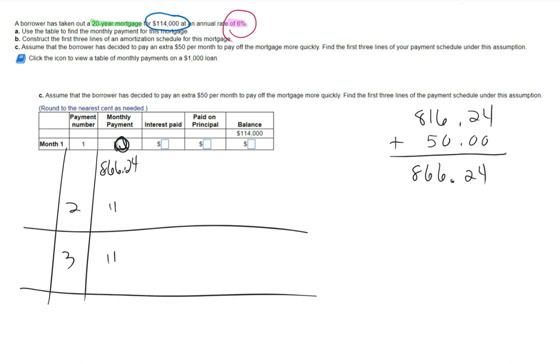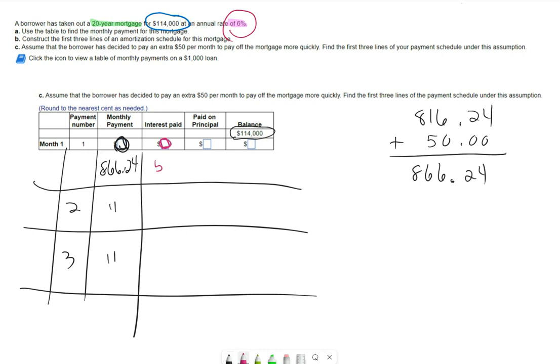All right, it's going to be $866.24 every month. That won't change, okay? The interest paid for this first one, it was still based on $114,000, so that number is the same as it was before, and it was $507 right here.